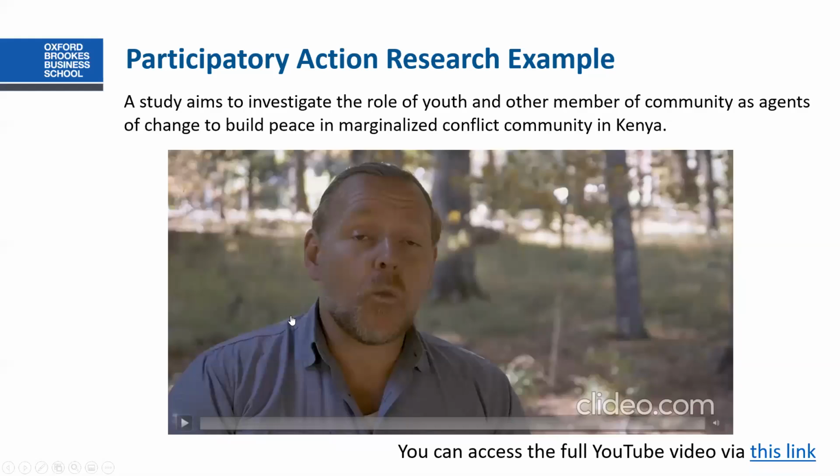So this is an example of participatory action research, where a study aimed to investigate the role of youth and other members of the community as agents of change to build peace in a marginalized conflict community in Kenya. Let's watch.